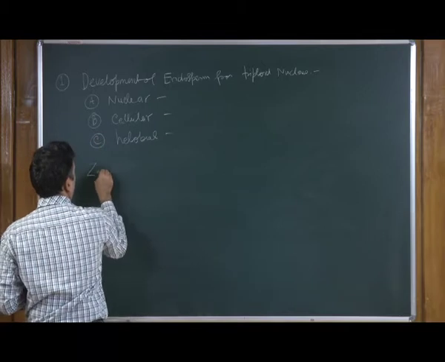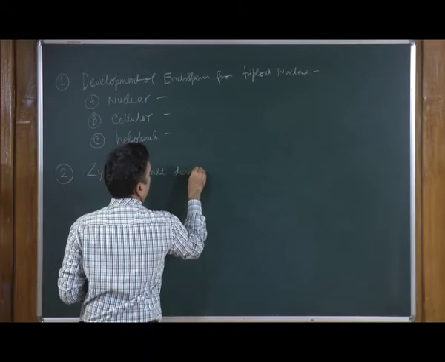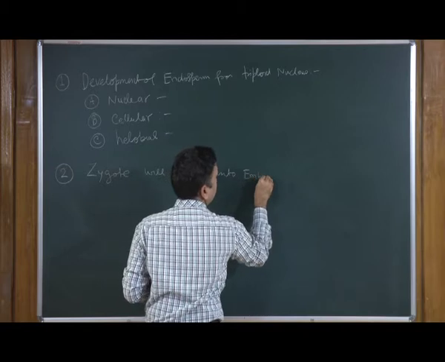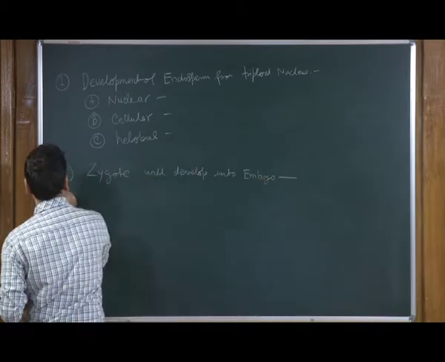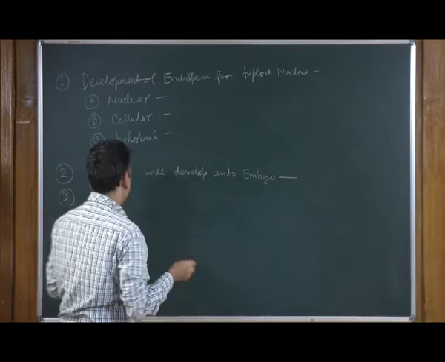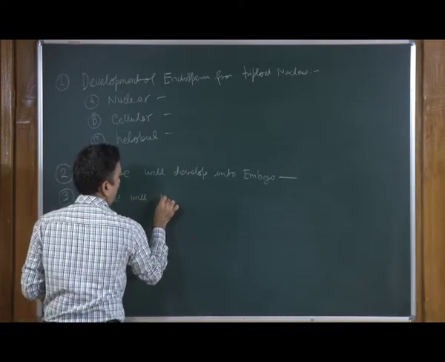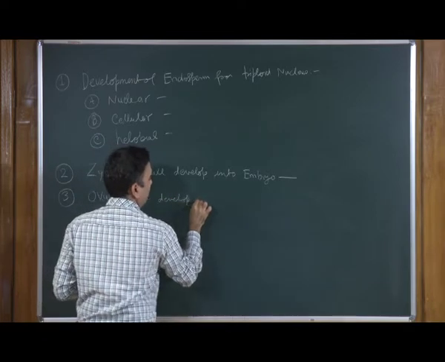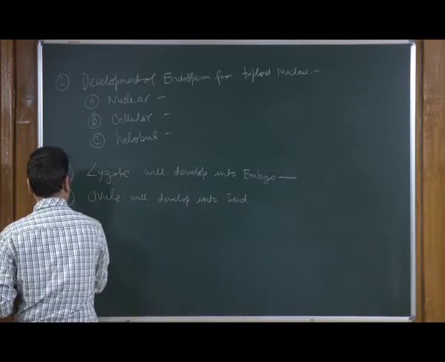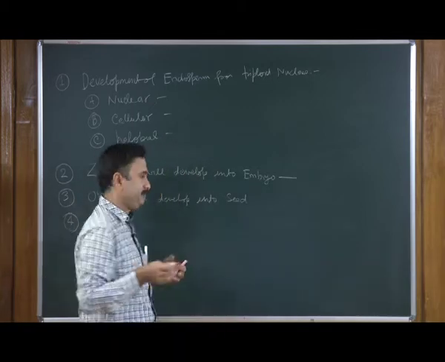Number three, the ovule will develop into the seed, and the complete ovary is going to develop into the fruit.